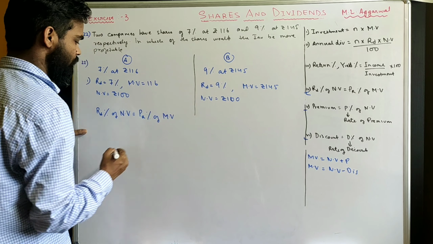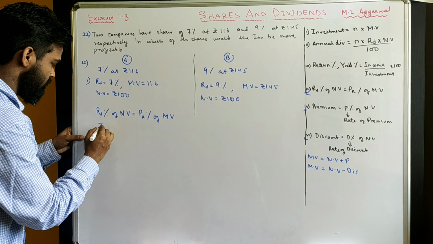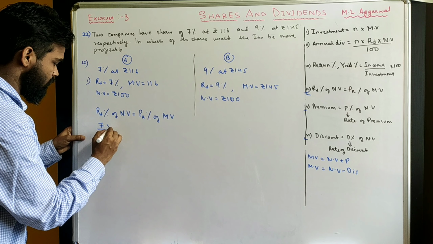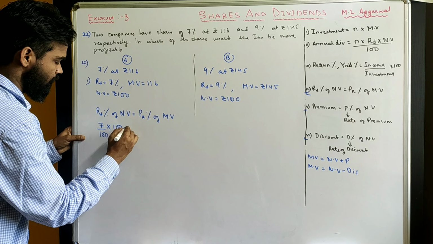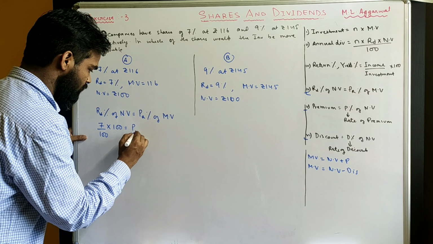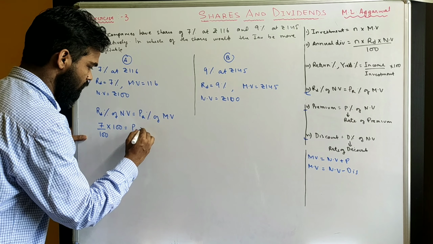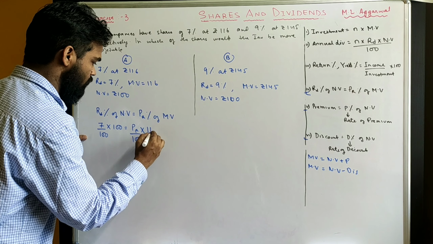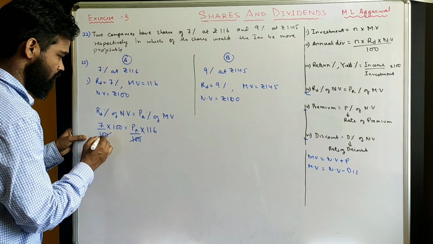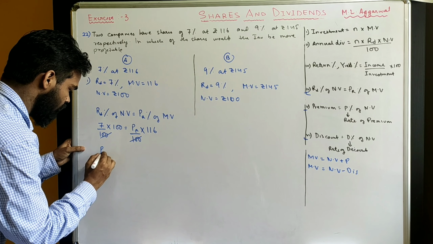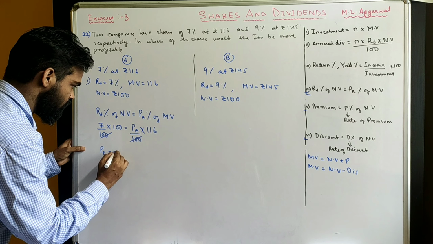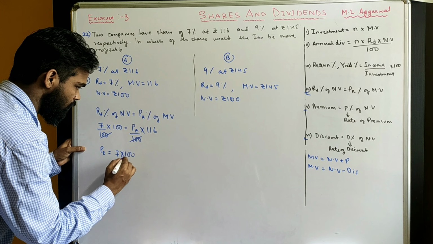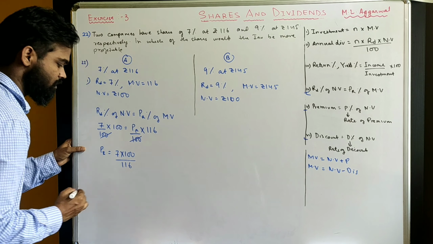Can I write 7 by 100 into nominal value 100 is equal to PR by 100 into the market value, which is 116, which means your PR is 7 into 100 by 116.